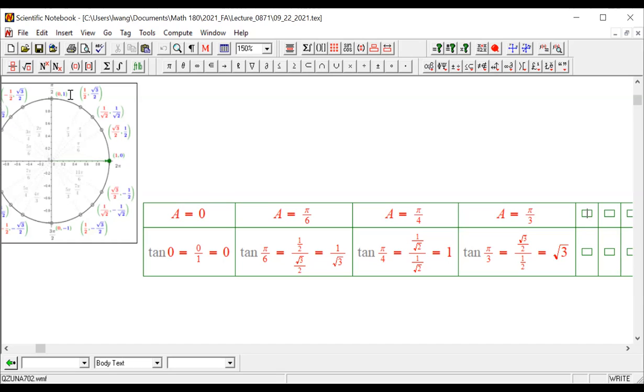Can you do 1 divided by 0? We do pi over 2, sorry. What happens?